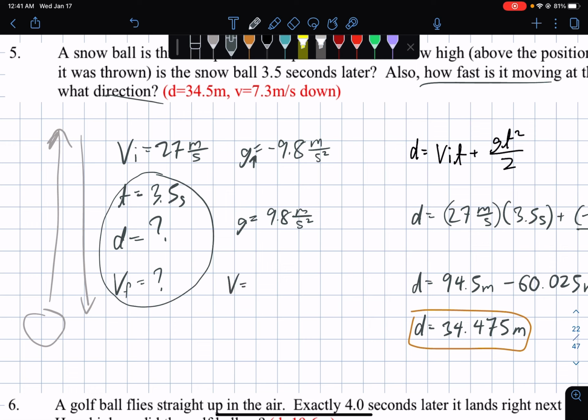Velocity is equal to, right, let's find the appropriate formula first. We do have the distance.